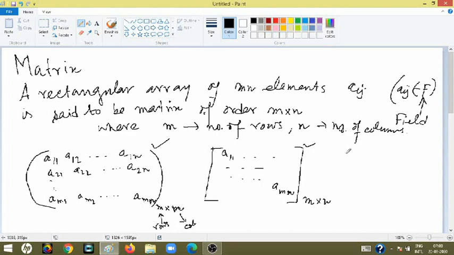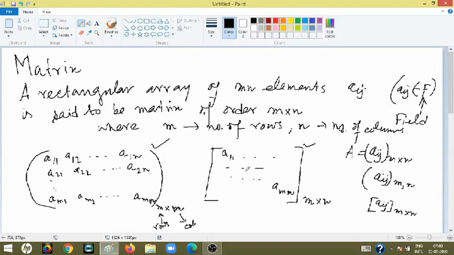A matrix is also denoted by A equal to Aij m cross n, or Aij m comma n, or Aij m cross n.